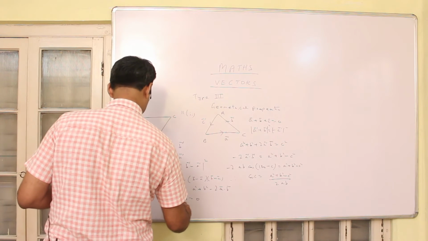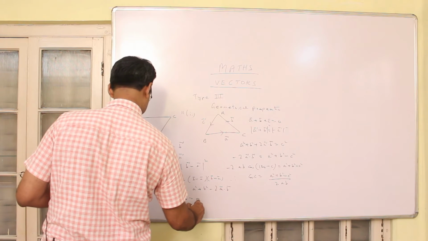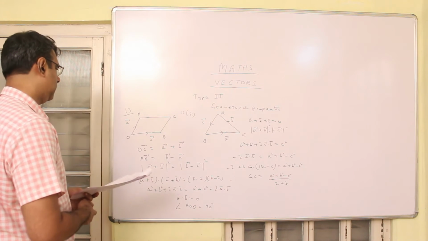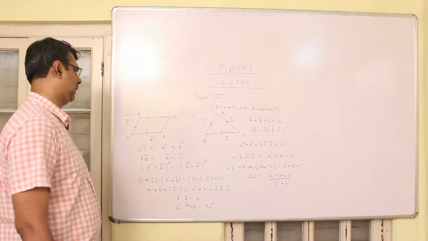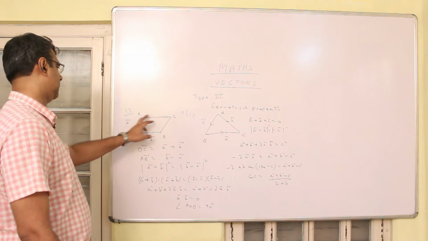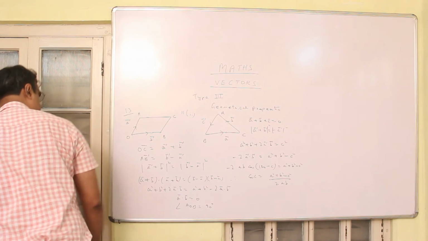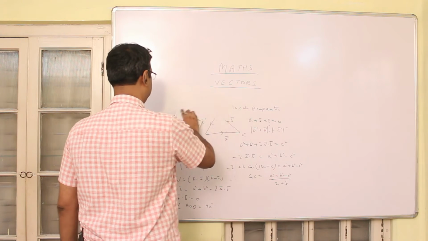That means angle AOB is 90. Now if angle AOB is 90, it means that it is a rectangle, because in that case all the four angles will become equal to 90 degree. So these are the examples of type 3.